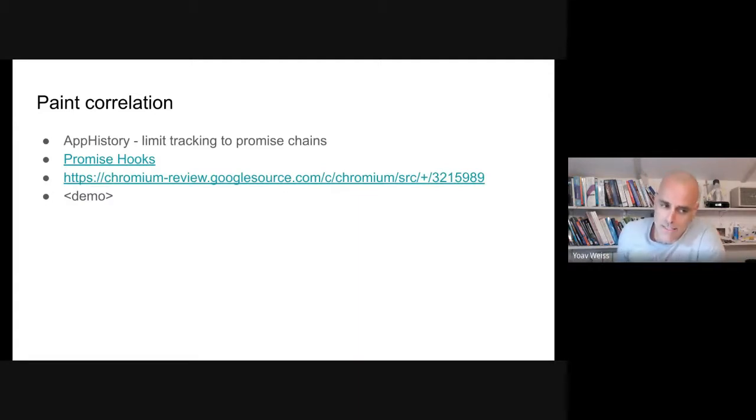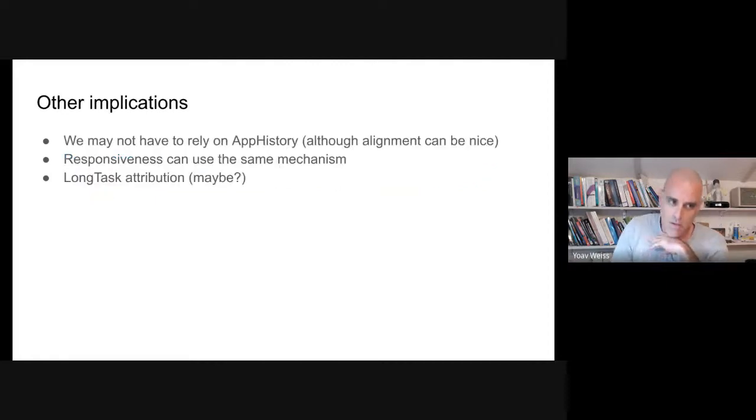But essentially, it seems like there is a path to enable paint correlation between the navigate event or click events and the DOM operations that triggered them. The implication of that is that we may not have to rely on app history for paint correlation, as well as for a starting point.